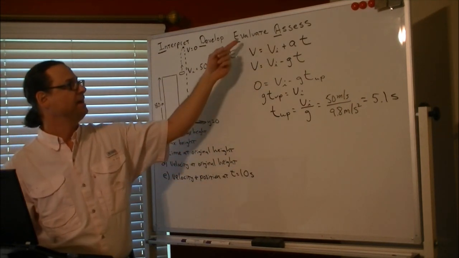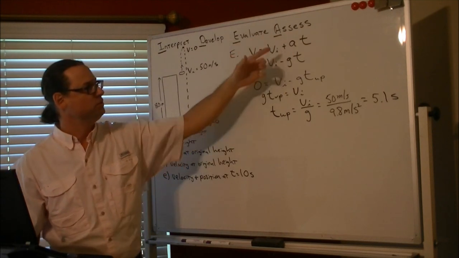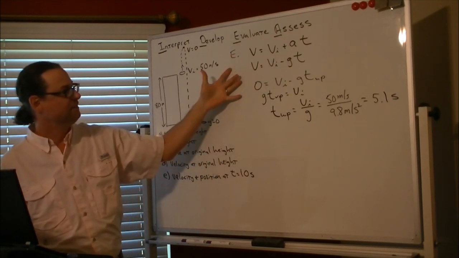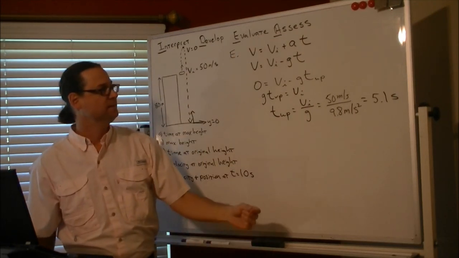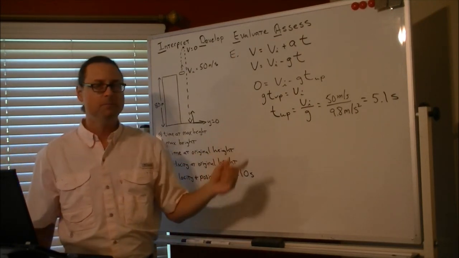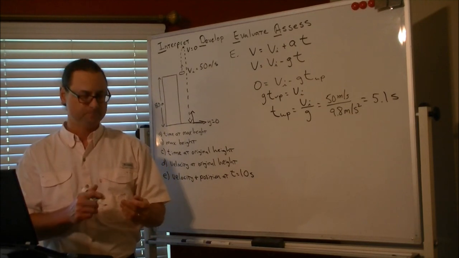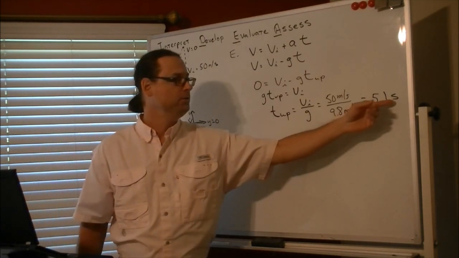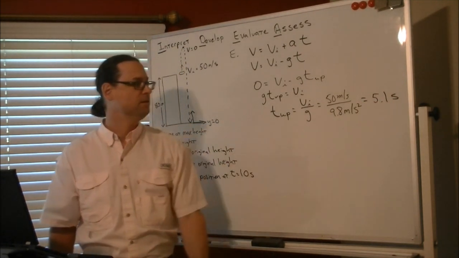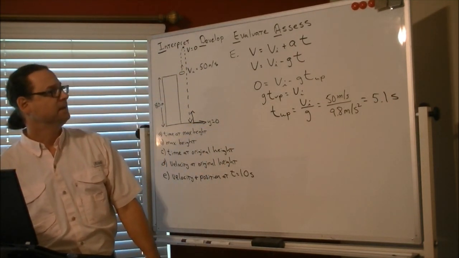Okay, so let's interleave and do a little assessment at the end of every sub-evaluation here. Does this answer make sense? Well, when thinking about whether or not an answer makes sense, you want to consider a couple things. You want to think about, are the units right, and does the number make sense?